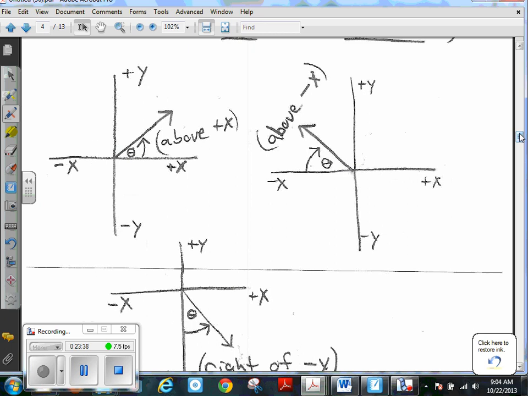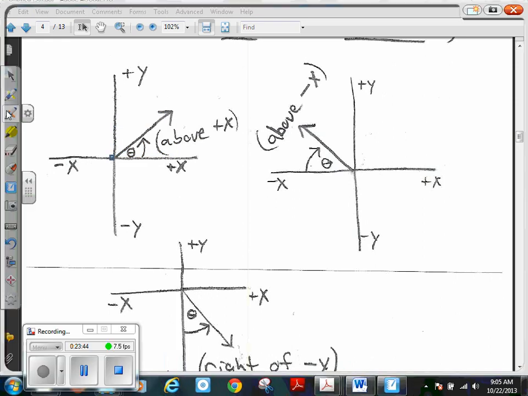Okay, so here's my vector, right here. So notice I put it at the origin of a grid, the tail. And if I'm labeling this theta, then you can see that it's above what we call positive x. Does that make sense? Now, if you want to, you could label 360 degrees as well.